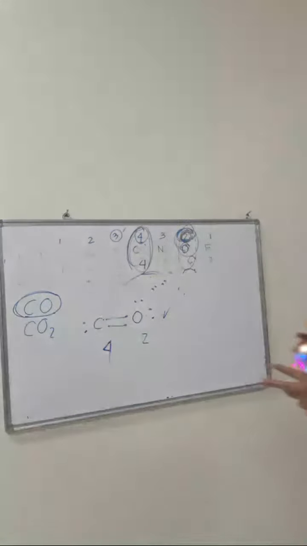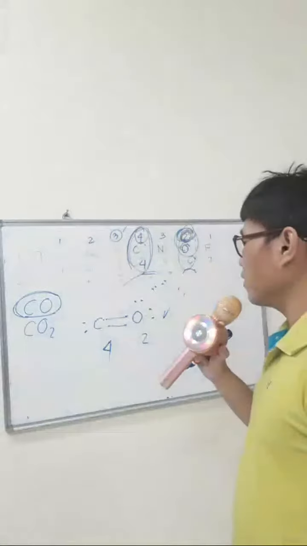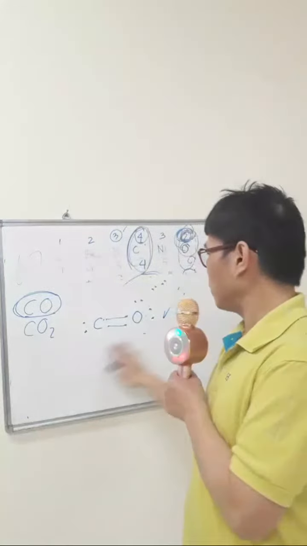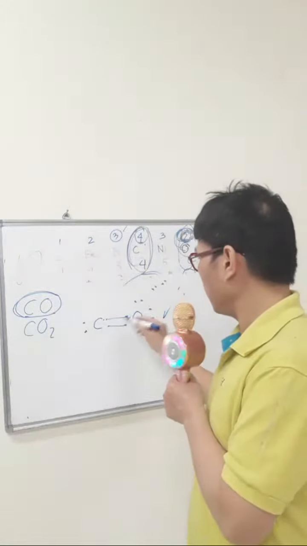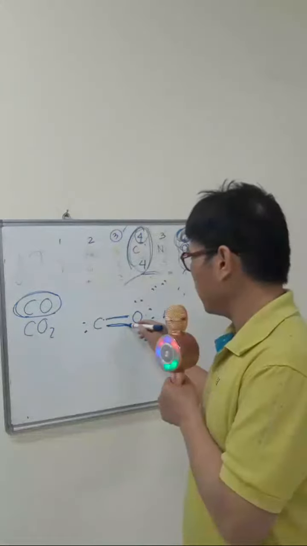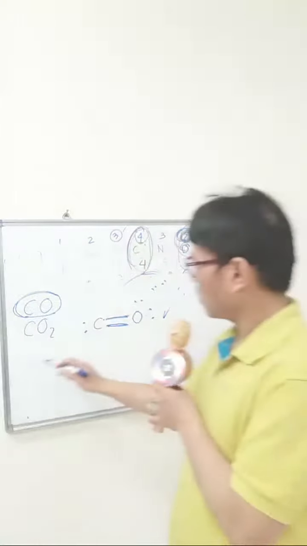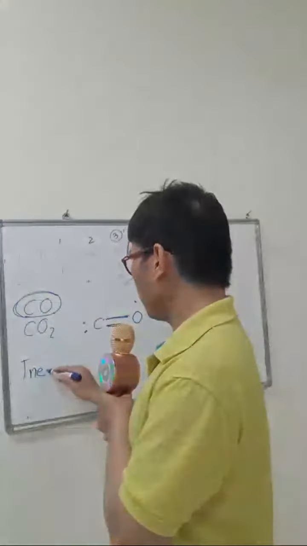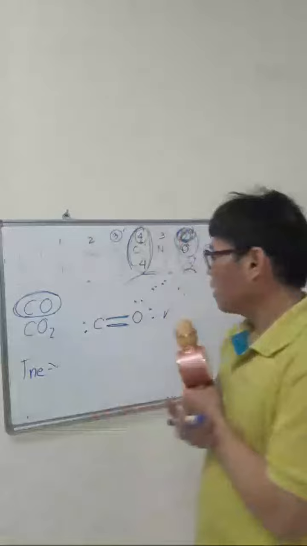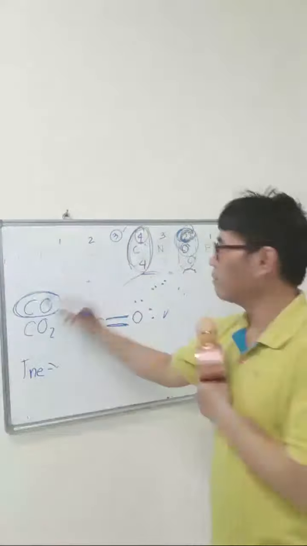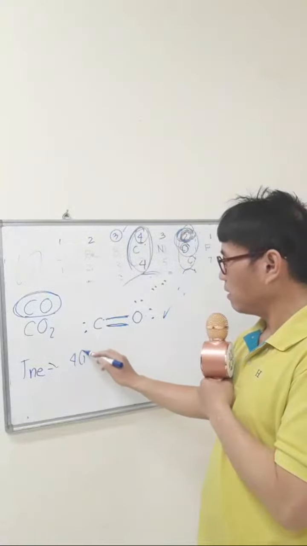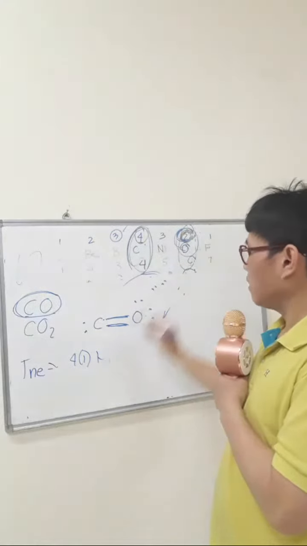So how can we do this? The first thing to do is to compute the total number of electrons. Total number of electrons, right? So, this one, carbon. Carbon 4 valence electrons, so 4 times 1. Okay, oxygen, 6 times 1.